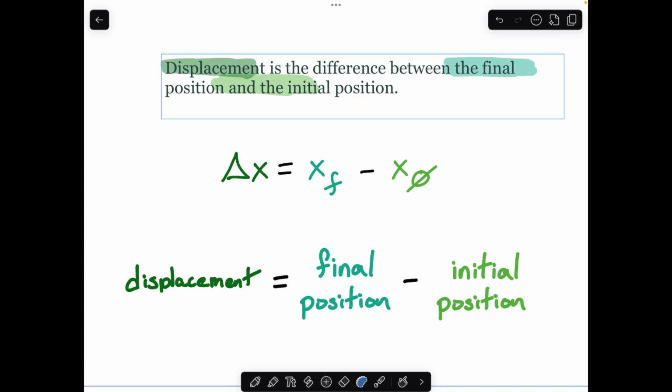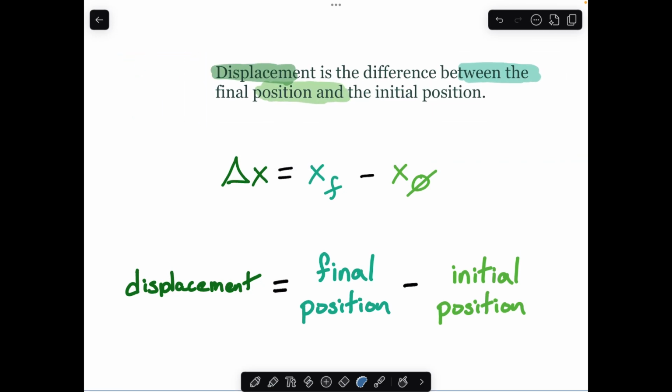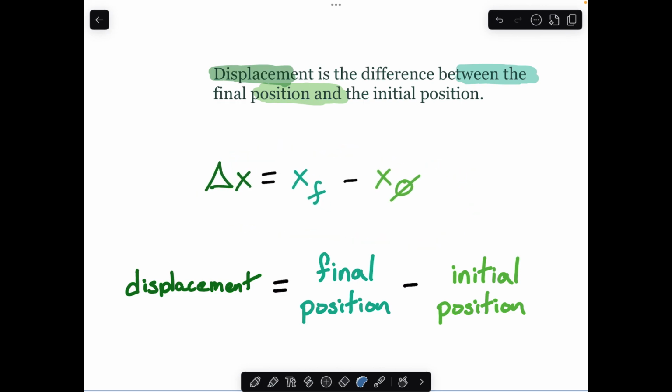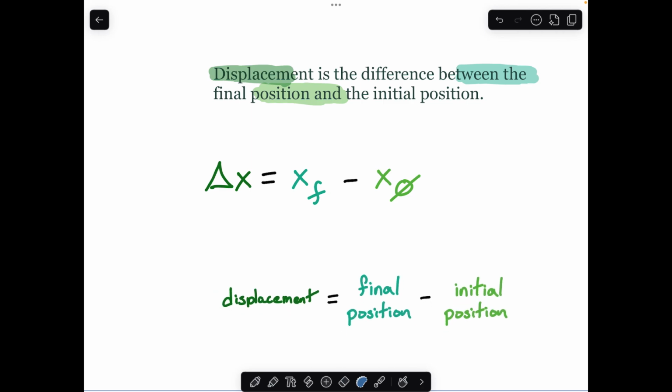The first way we have it written as an English sentence, and then we have it written as some math variables, and here we have it as words.